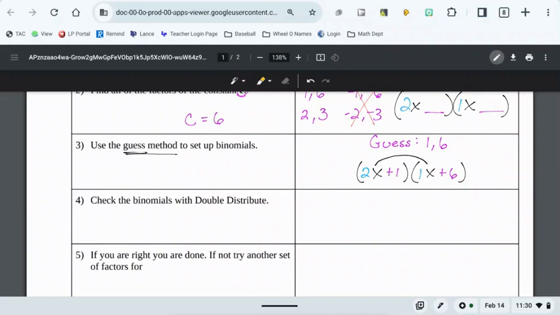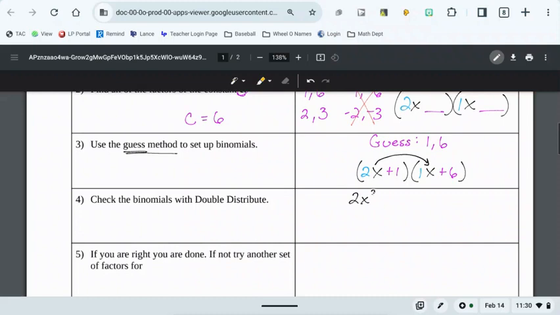So 2x times 1x gives us 2x squared. 2x times 6 gives us 12x. 1 times 1x gives us 1x. And then 1 times 6 gives us 6. If we simplify this, 2x squared plus 13x plus 6.